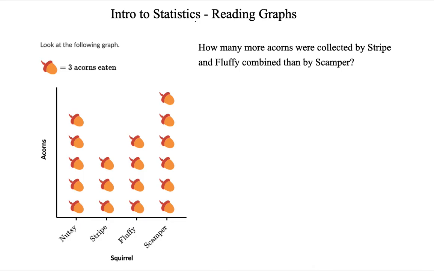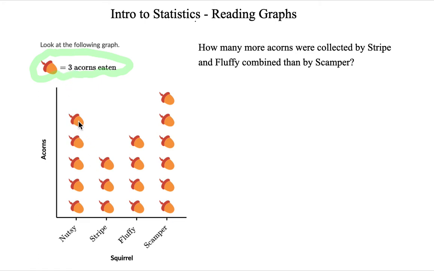Now, it's really important that you notice that each of these little acorns actually means there are 3 acorns eaten for each picture of an acorn. So, to figure out how many they actually ate, take the number of acorns and multiply by 3.